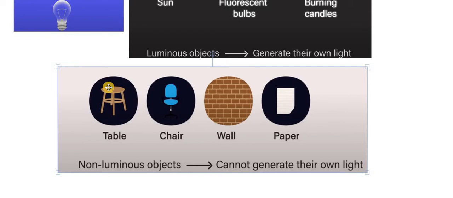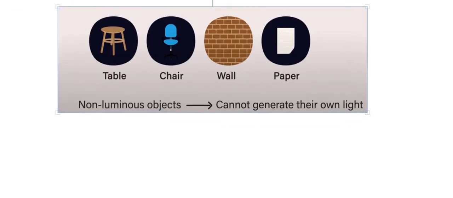So light plays a very important role in our day-to-day life. This topic is interesting, so we'll see more about it.